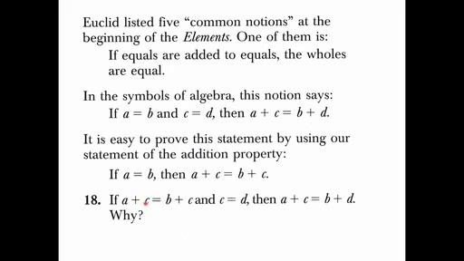If A plus C equals B plus C, and C is equal to D, that was up here in our given, they think they can say that A plus C is equal to B plus D. Well, how is the hypothesis different from the conclusion? Draw your line through the equal sign. Here I have A plus C. Oh, and over here I have A plus C. So nothing happened on that left side.